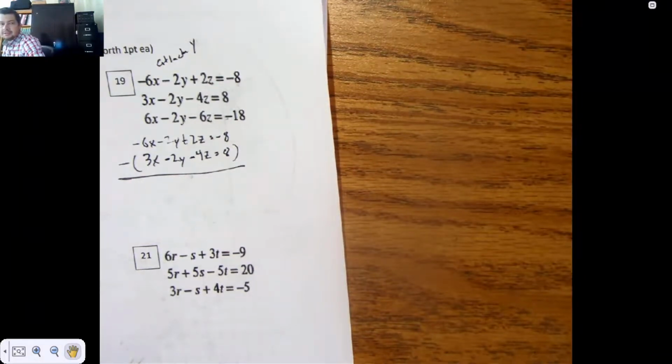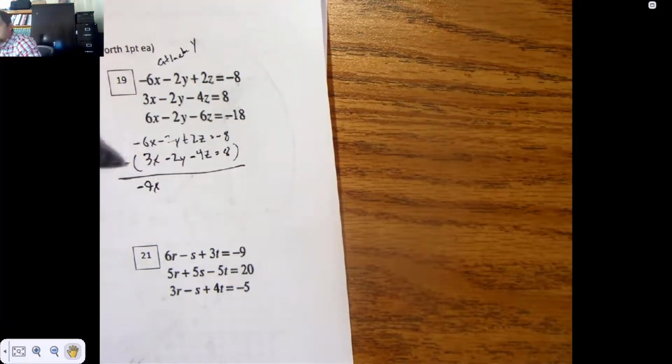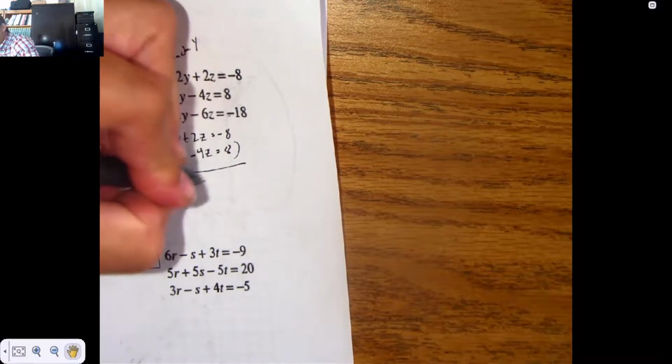So negative 6 minus 3x is negative 9x. Negative 2 minus negative 2 is no y. 2 take away negative 4 is plus 6z. Negative 8 minus 8 is negative 16.